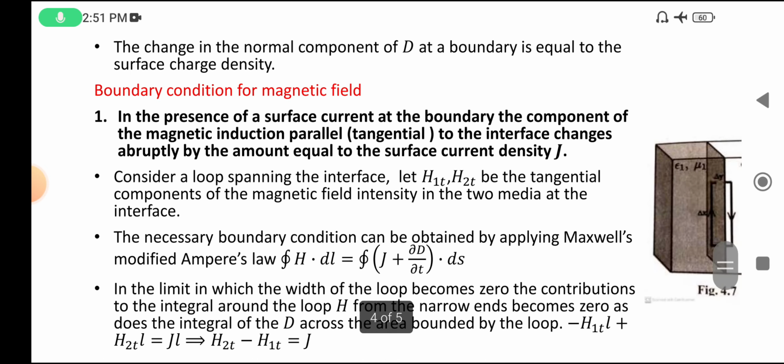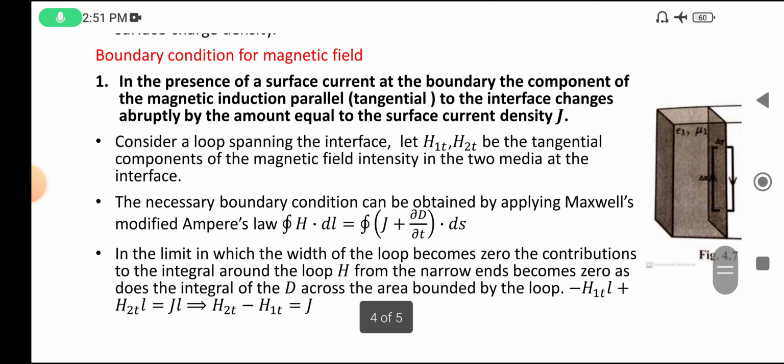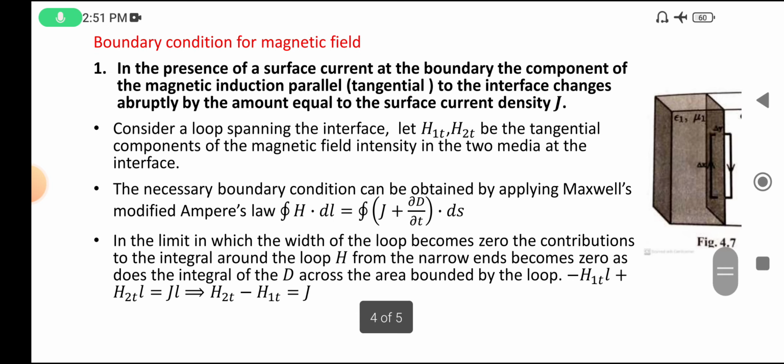Okay, let me enter into the magnetic field. For the magnetic field also there are two boundary conditions. Already we have applied two Maxwell's equations for the above two boundaries, and the remaining two Maxwell equations can be used here in the magnetic field. Let me start.